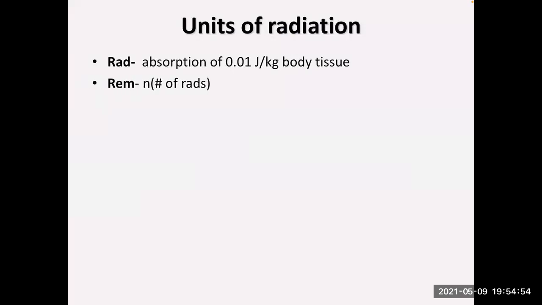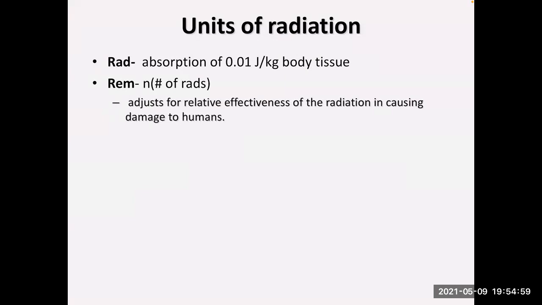All right, so how do we measure radiation? We use something called a rad. It's the absorption of 0.01 joules per kilogram of body tissue. A rem is the number of rads, adjusted for the relative effectiveness of the radiation in causing damage to humans.